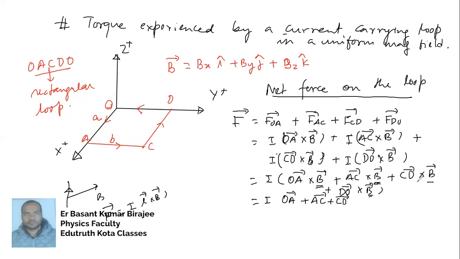We are applying the same thing. Isn't it the distributive property? Now if you take the cross product of each term, you will get the same result. Is it clear up to here?